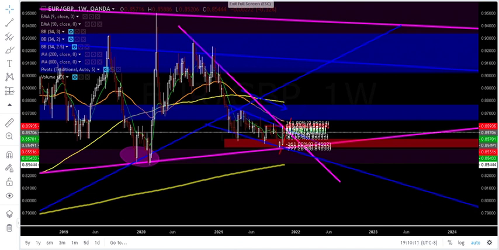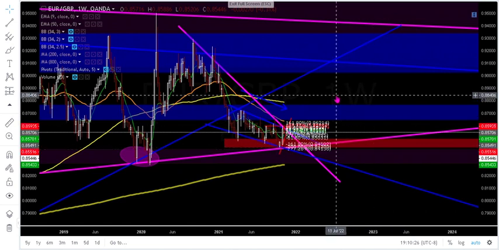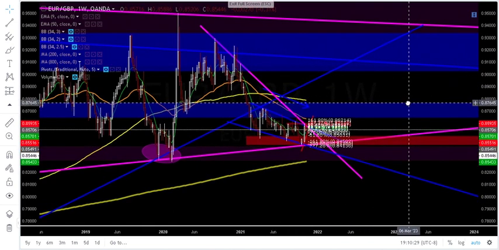I'm about to mark off one of these because I only draw the zones on the monthly and the weekly. Draw, redraw, edit support and resistance zones, monthly, weekly. So this is done. Let me just see if I got to edit anything.